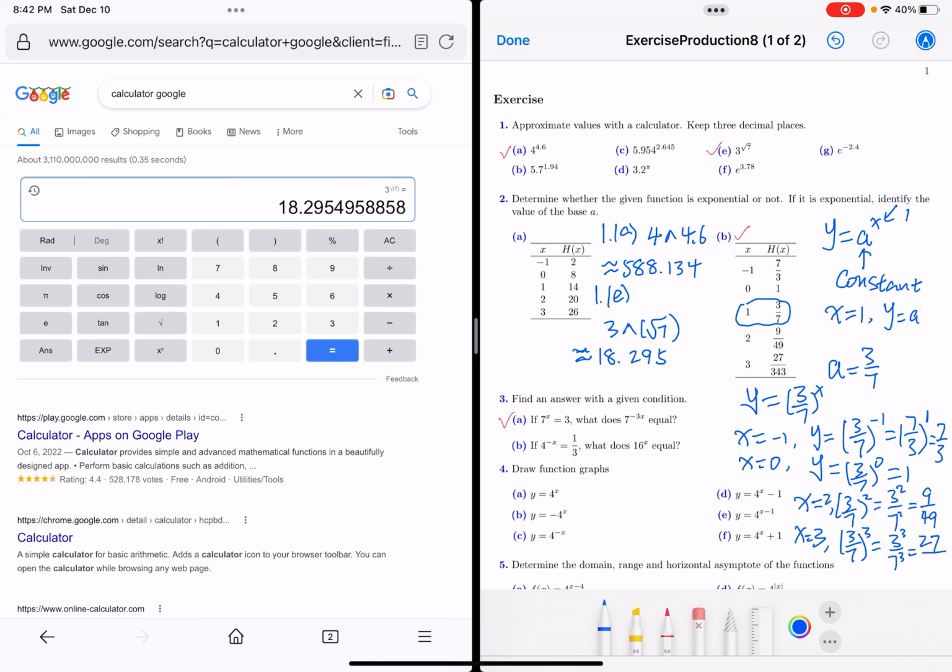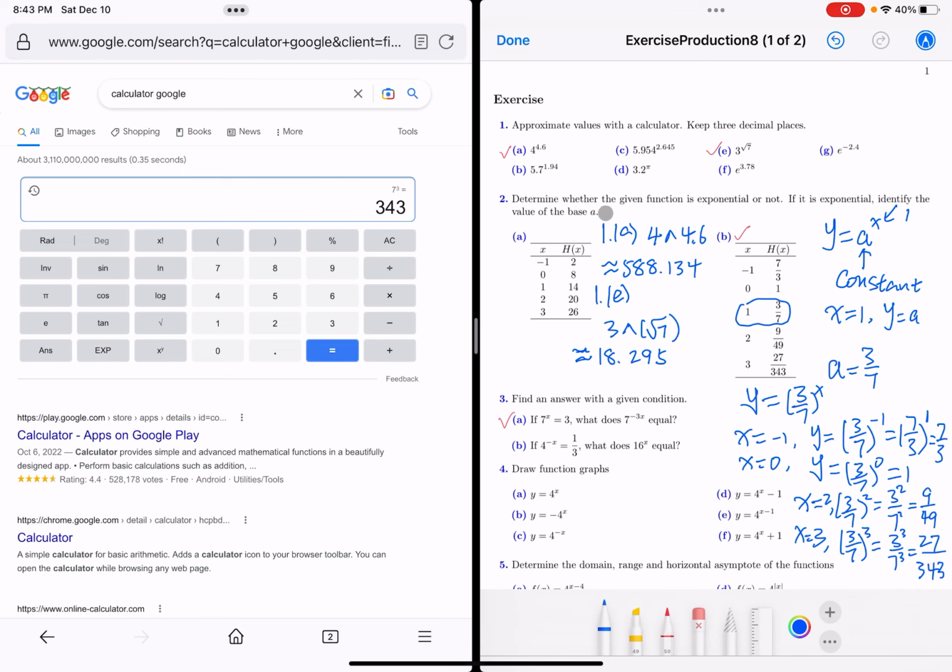How about 7 cubed? 7 cubed is 343. You have a calculator here, you can check. 7 to the third power, you hit enter, is 343. That's the one right here.